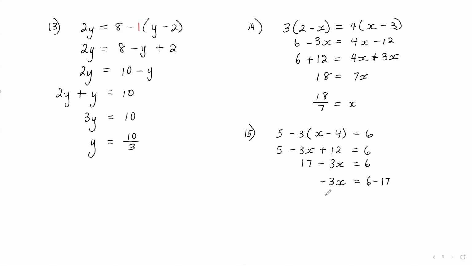So 6 minus 17 is negative 11. That's right. So therefore, x will be equal to negative 11 divided by negative 3. And a negative divided by a negative is a positive. So that would be the answer there.